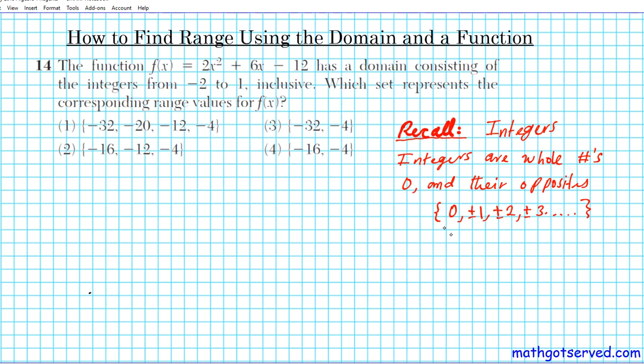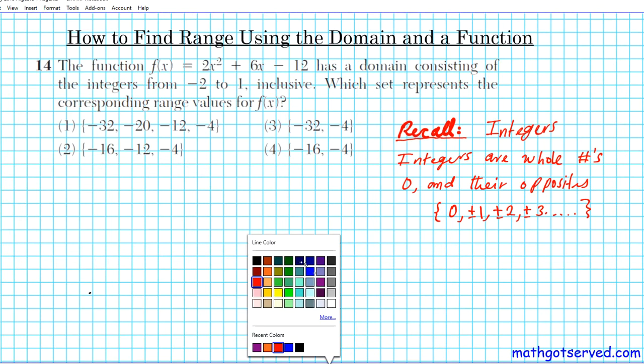Now let's also note something that we have to do when writing elements of a set. When you're writing elements of a set, remember that you do not repeat elements, and you order them in increasing order. So let's note that down.